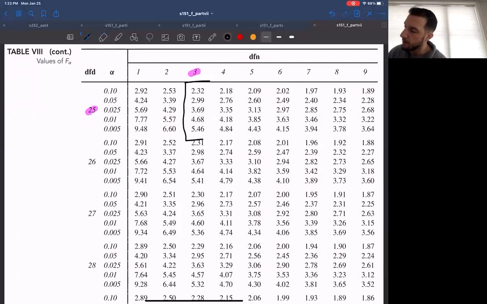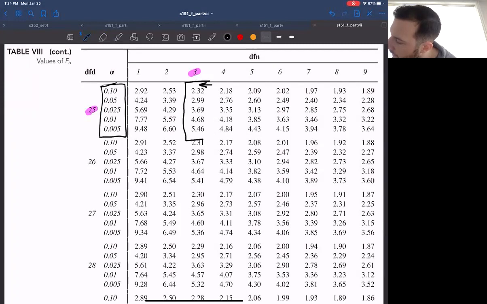That means that we're going to use these alpha values to bound our p-value. The value of interest to us is F equals 0.1. As we move down the column here, we go 2.32, 2.99, 3.69, 4.68, 5.46, so we're increasing in F value.